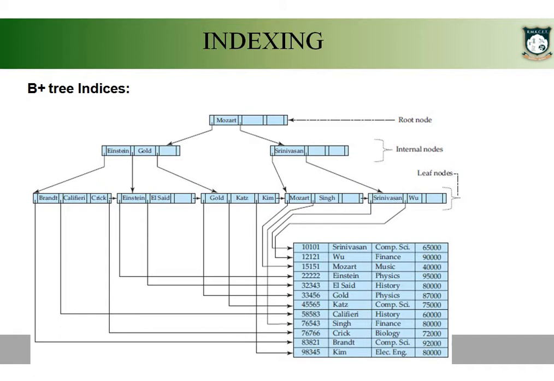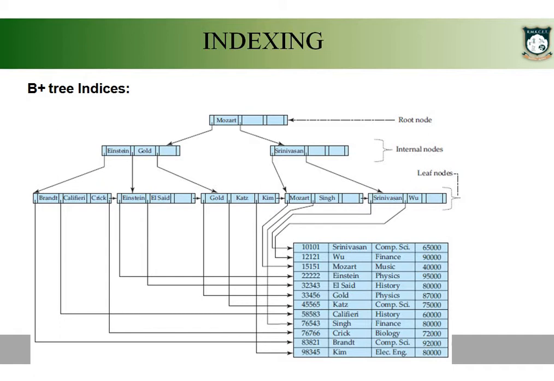Now every B plus tree has an order associated with it. If you consider a B plus tree of order n, there is a constraint for all the leaf nodes and also for all the non-leaf nodes.